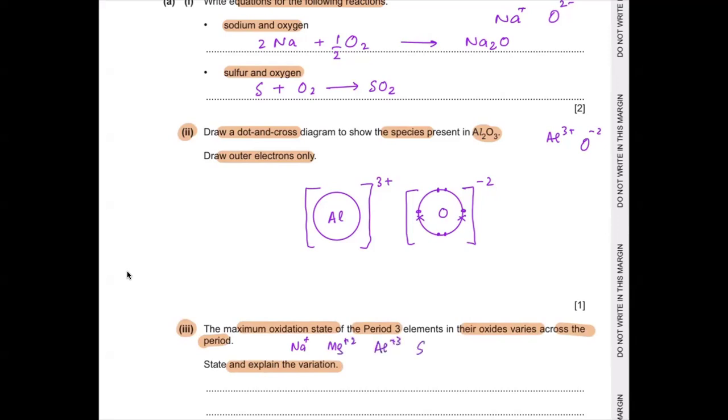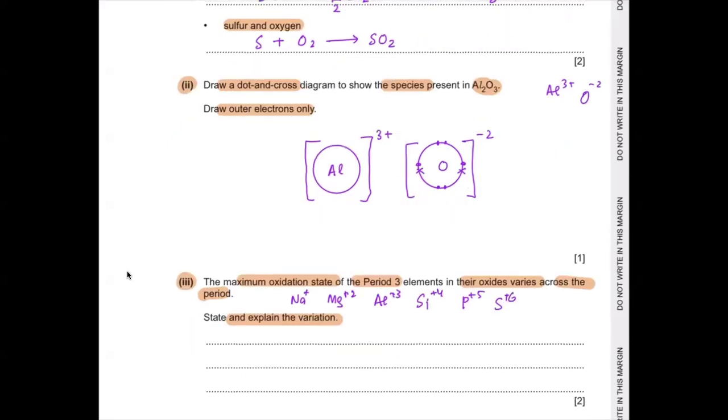Then we have silicon dioxide where silicon is +4. Then we have phosphorus(V) oxide where phosphorus is +5. And then sulfur trioxide where sulfur is +6. So see, what is the variation? That it increases, right?